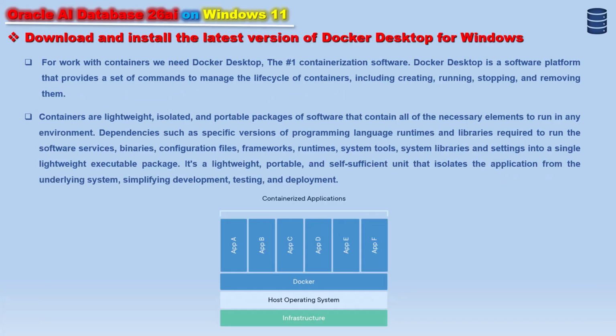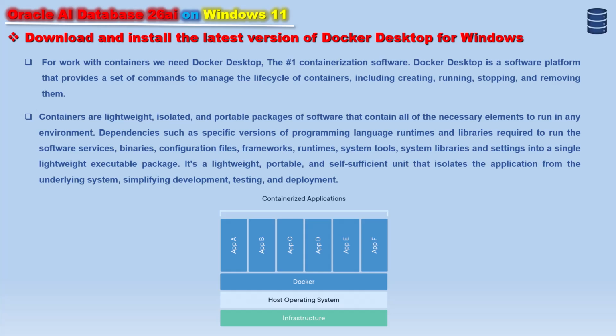Download and install the latest version of Docker Desktop for Windows. For working with containers we need Docker Desktop, the number one containerization software. Docker Desktop is a software platform that provides a set of commands to manage the life cycle of containers, including creating, running, stopping, and removing them. Containers are lightweight, isolated, and portable packages of software that contain all of the necessary elements to run in any environment.